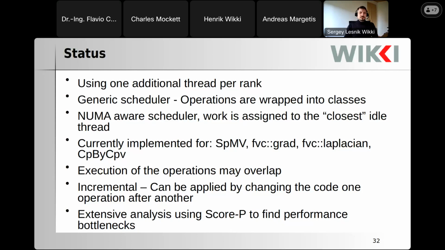Execution of operations may overlap. The approach is incremental. With this, we can go through the code and do one operation after another. So it's not that we have to do everything and nothing works. We can do pieces of thermo and pieces of algebra, one at a time. And we do extensive analysis using Score-P to find performance bottlenecks. As you will see, they still exist. Okay, keep going.